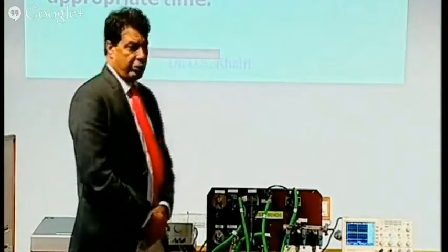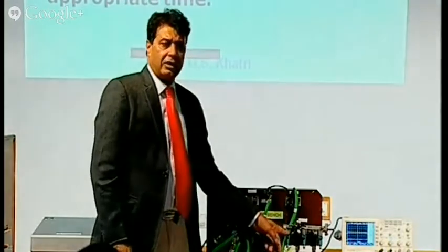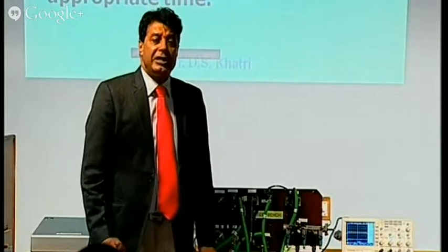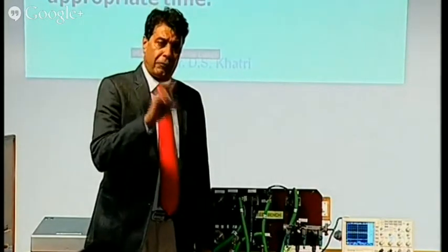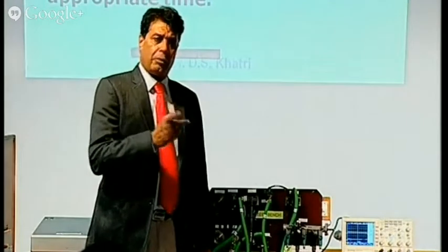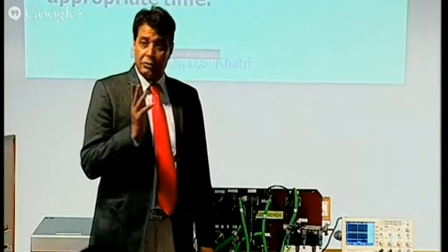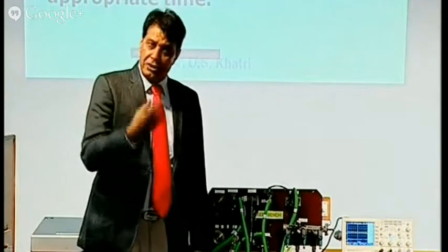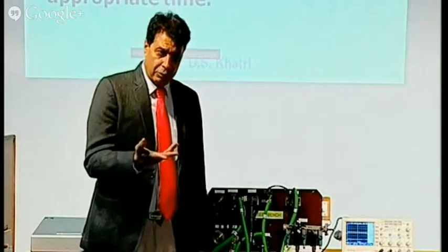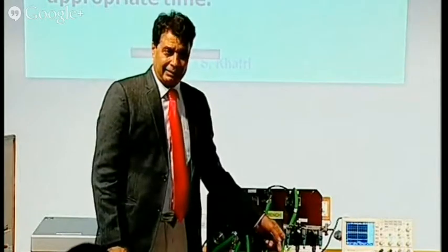Now, another important aspect I am going to tell you: this type of injector is known as a saturated injector. They consume around 2 ampere of current and operate at 12 volts. But you have seen vehicles running on gas also, CNG also, LPG also. In that, I cannot use this injector.